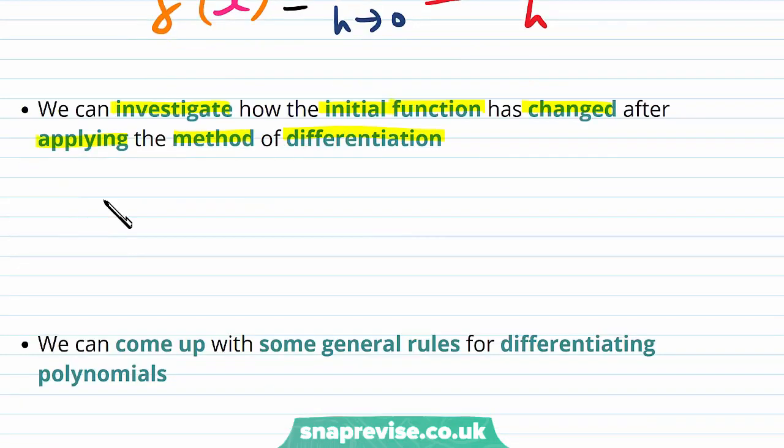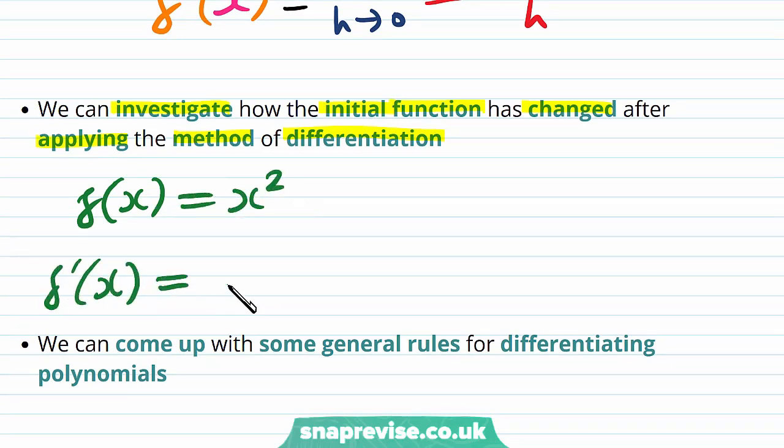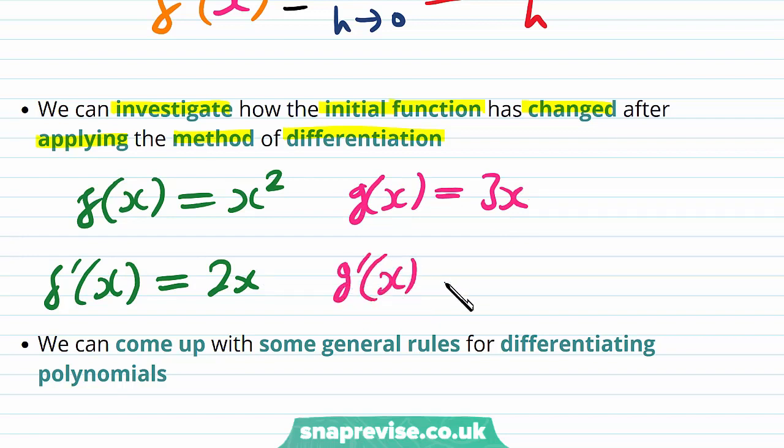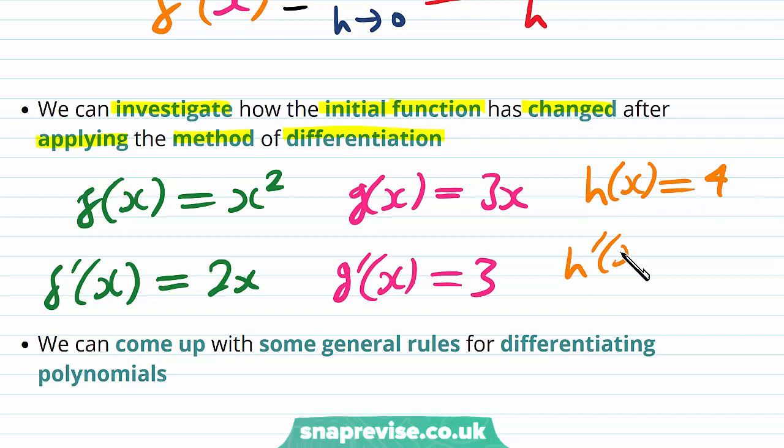For example, if we start with f of x is equal to x squared, then it turns out that f prime of x is equal to 2x. Or if we start with g of x is equal to 3x, then g prime of x, its derivative, will be equal to 3. And if we start with h of x equals 4, then h prime of x is equal to 0.